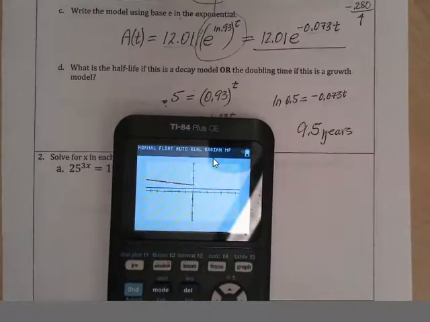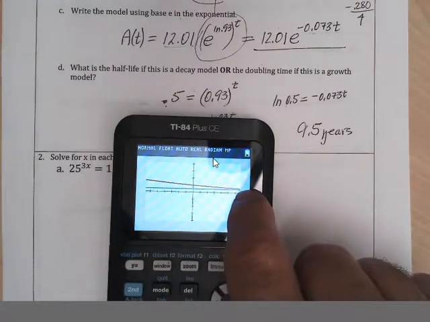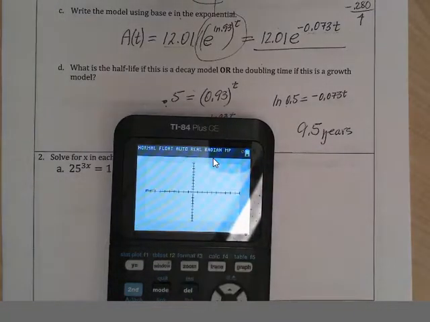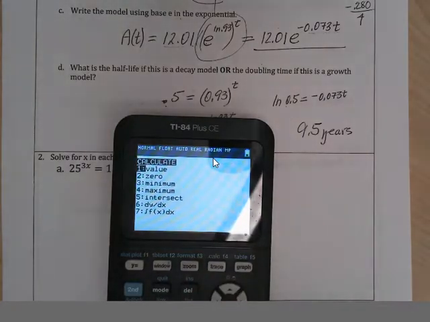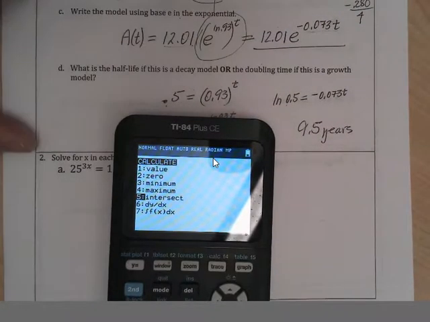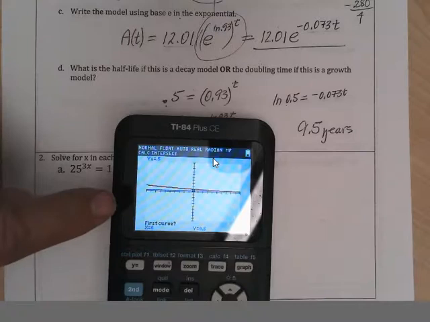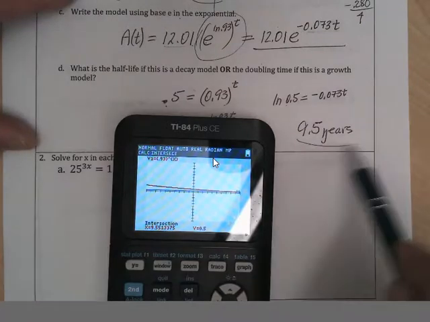There's one, and there's the other, and it looks like it crosses just maybe right at the edge of the screen, or maybe off, so I better go zoom 6. That'll go a little further. Now they cross. Second, calculate the intersection of this side and this side when the two sides are the same height. Calculate the intersection. The blue line is one of them, the red line is one of them, and I press enter again, and it says it happens at 9.55. Close enough.